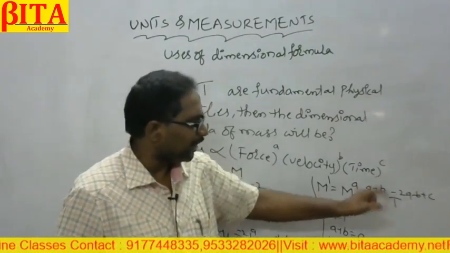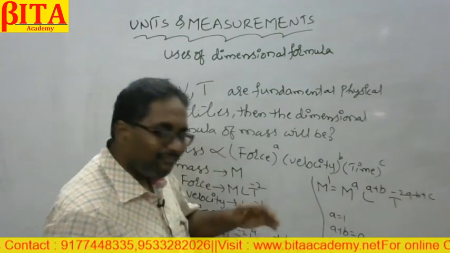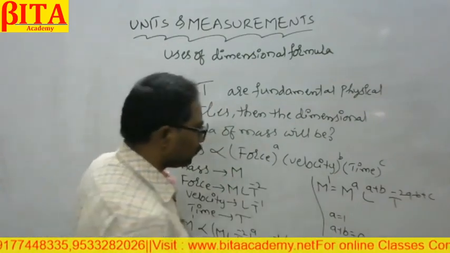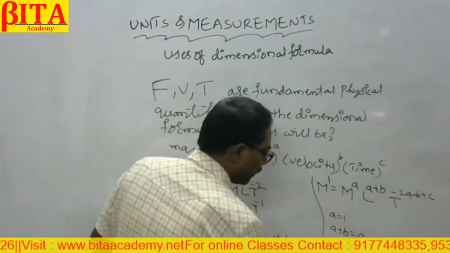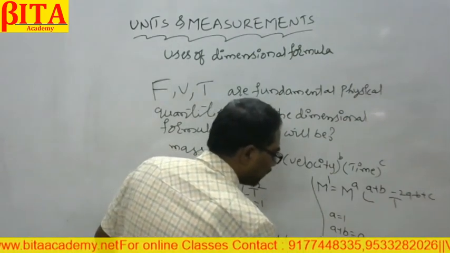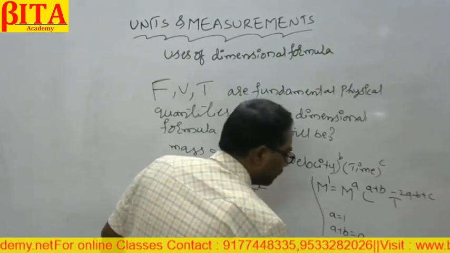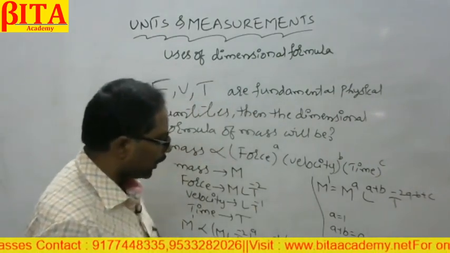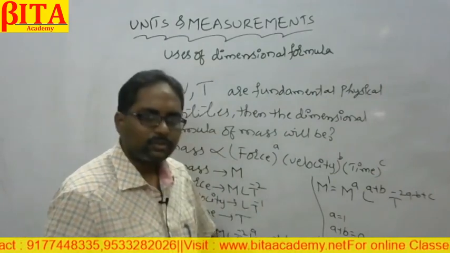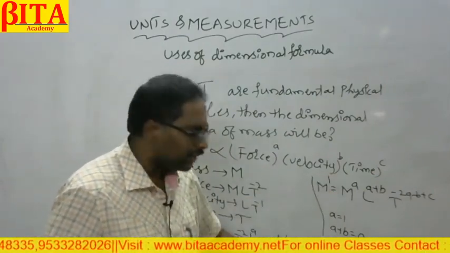Now, as we got a is equal to 1, b is equal to minus 1, we can find out the value of c by taking one more term. That term is T power minus 2a minus b plus c on the right side, and on the left side the time term is not there, that's why we have to equate that to 0. Already you know a is equal to 1, b is equal to minus 1. So let us substitute those values into this equation.